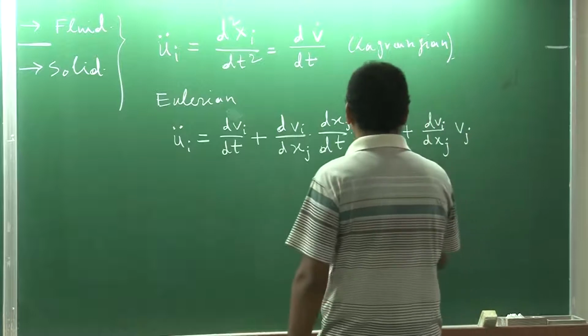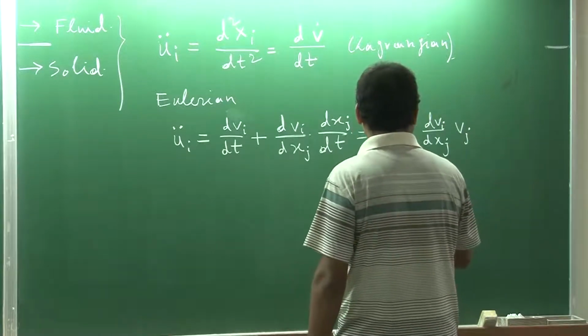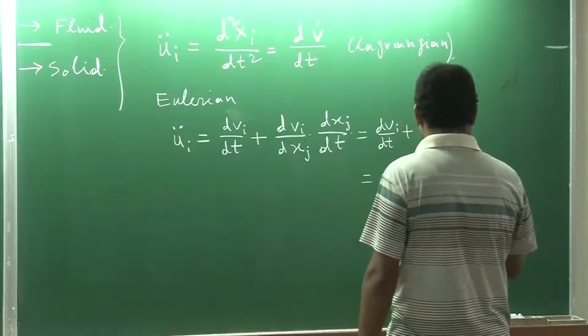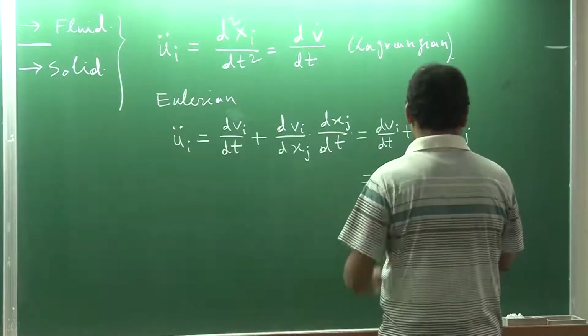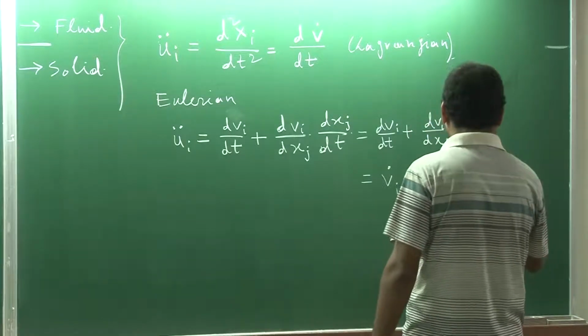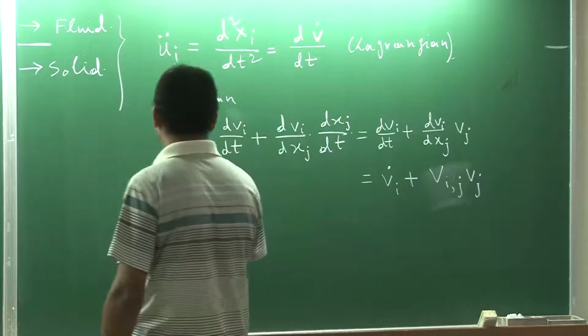So, then we can see this is v_i plus gradient of velocity, v_i comma j, v_j, in indicial notation.